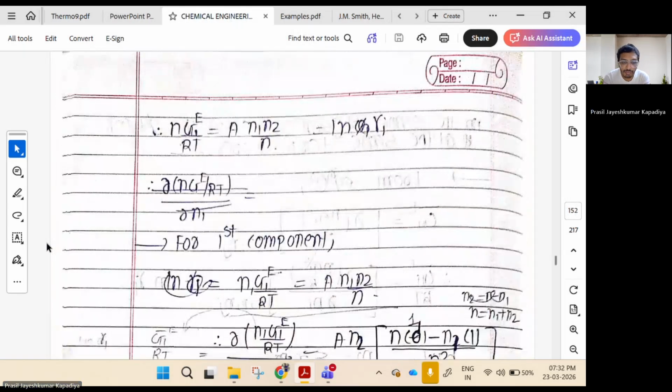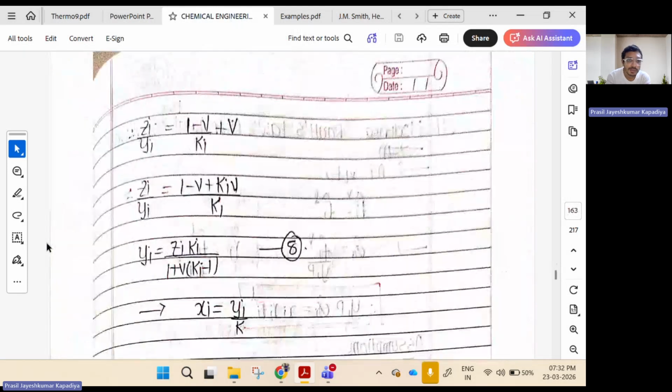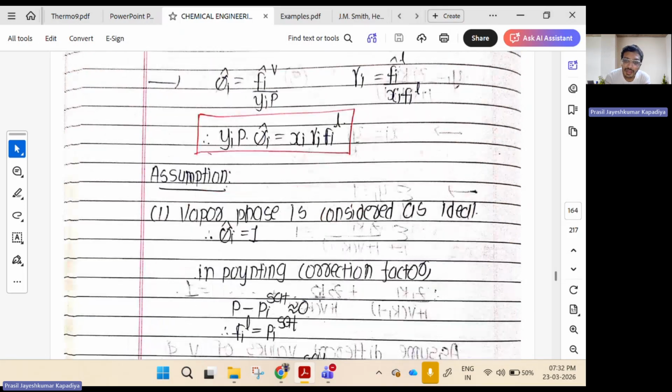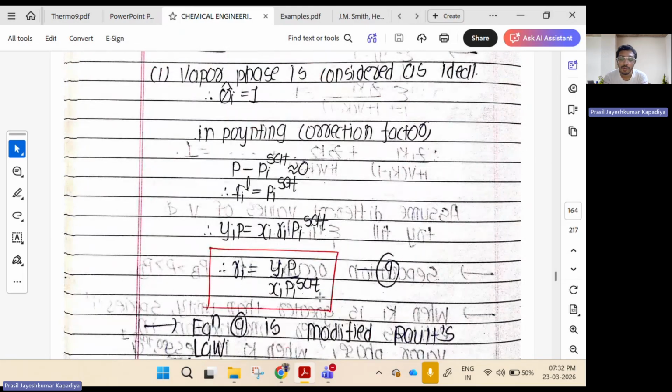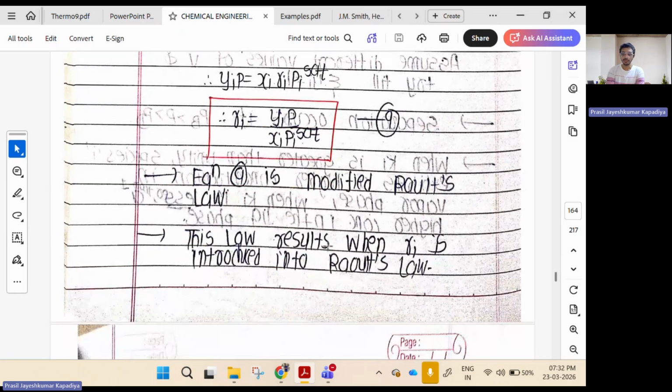We first tried to study the modified Raoult's law, which includes the activity coefficient or correction parameters for the non-ideality of the liquid phase. It is nothing but y1 P phi1 cap is equal to x1 gamma1 phi1 sat, and for low to moderate pressures, yi P is equal to xi gamma i Pi sat, and this is known as modified Raoult's law.